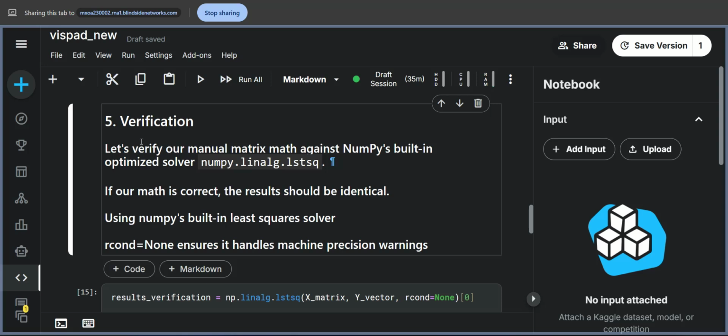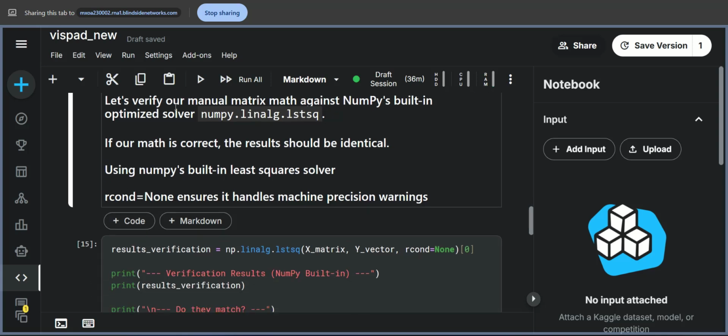So NumPy has linear algebra, lstsq, which uses an optimized solver to get the b values directly. So this one uses the direct equation and then solves everything to get the b0, b1, b2. It is just concerned about the b values, without going through the matrix way of finding the b values.